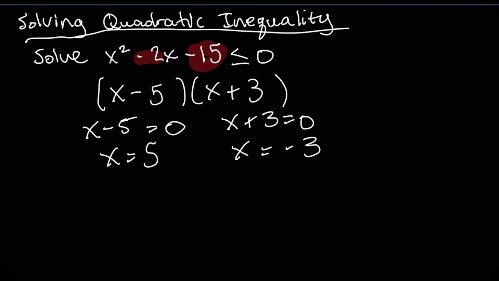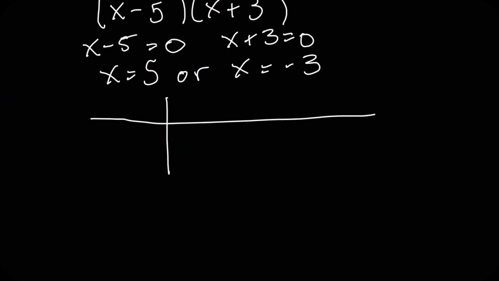So we're not quite done here. What we want to do is plug in some values to see what our actual interval is. So you can go ahead and make a table like this. We'll say these are our try values, and then our value, and then finally we'll have true or false.